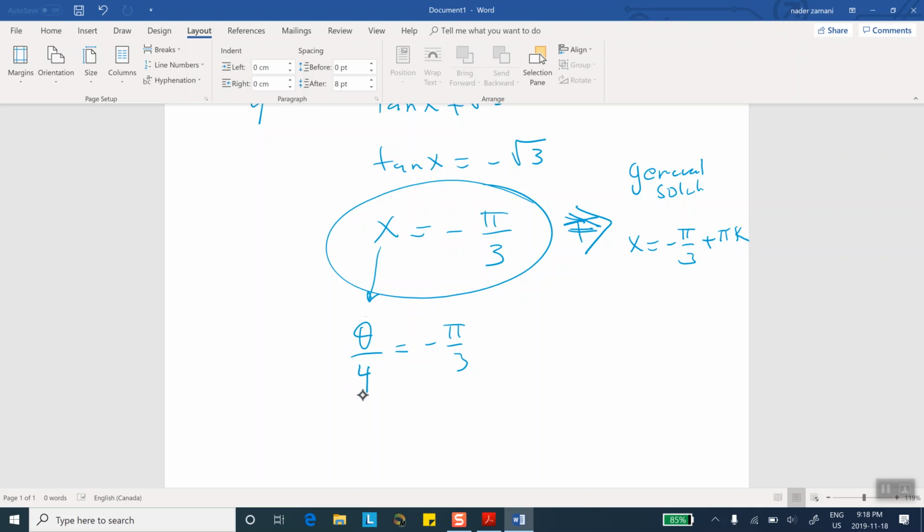So theta over 4 equal to minus pi over 3 plus pi k, and then theta multiplied by 4 is minus 4 pi over 3 plus 4 pi k. K equal to 0, plus or minus 1, plus or minus 2, etc.